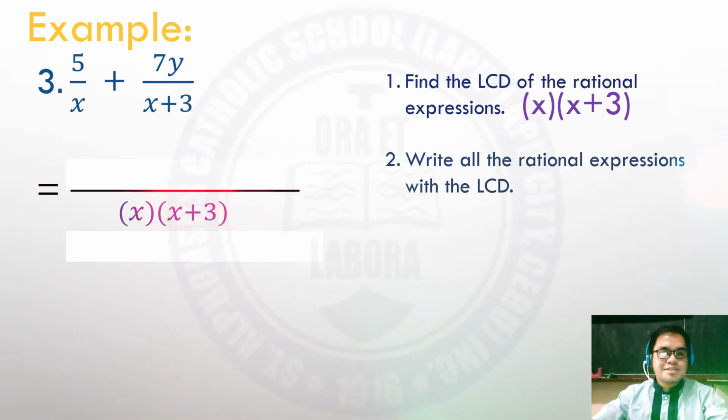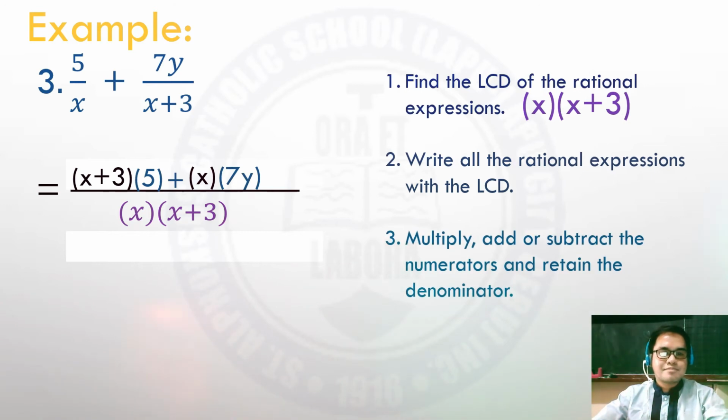So x times x plus 3, divide it by the denominator, which is x, and the answer is x plus 3, multiplied by the numerator in our first term, 5, plus x times x plus 3 divided by x plus 3, the answer is x, multiplied by 7y.